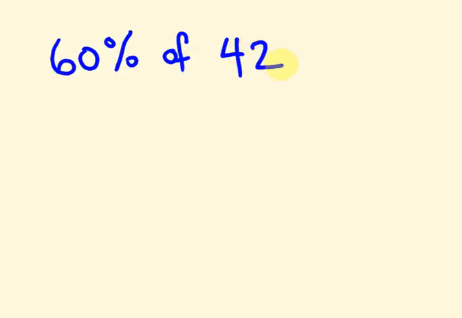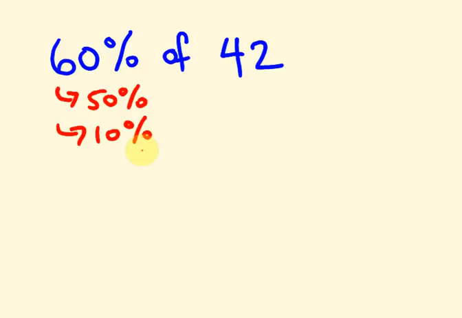What about we do this one, 60% of 42. Now, what you might notice, I'd pause it and try to give it a go. You might try to work out what it's made up mainly of. Now, the easiest way of getting there is a 50% number. If you remember, that's half, and a 10% number.